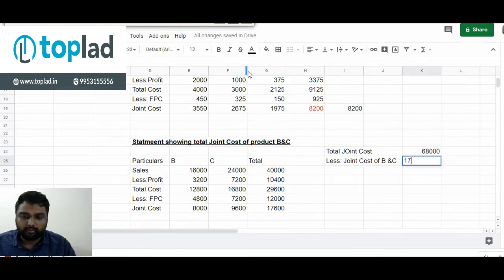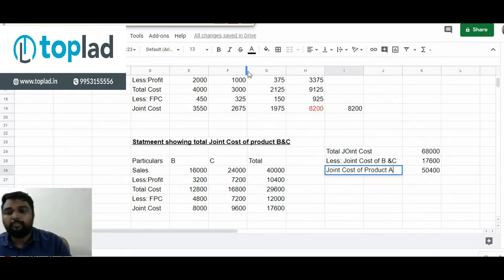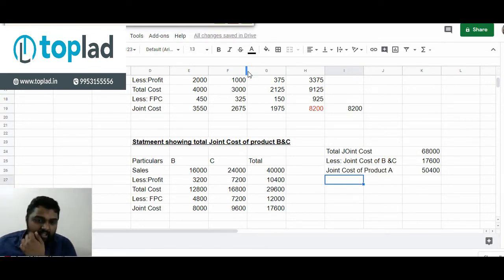Joint cost of B and C is 17,000. So what will be the joint cost of A? Balancing figure. What will be the answer? 50,500. Did you get it? That's all.